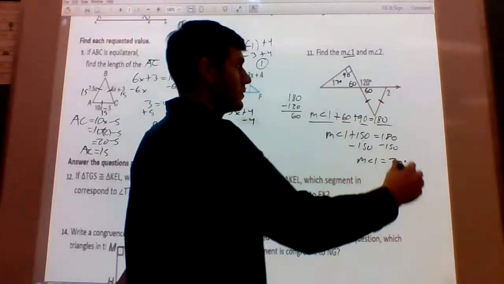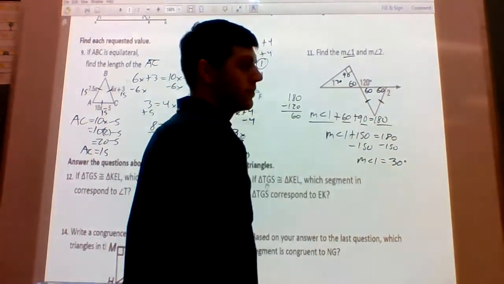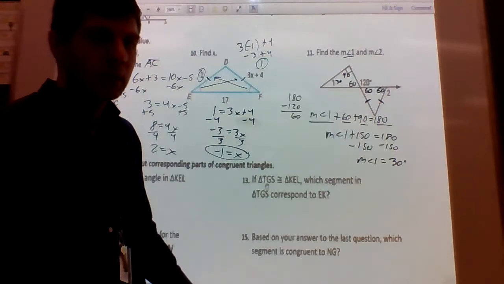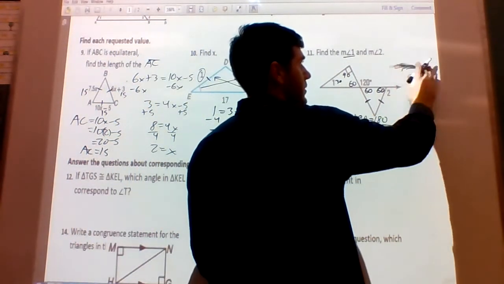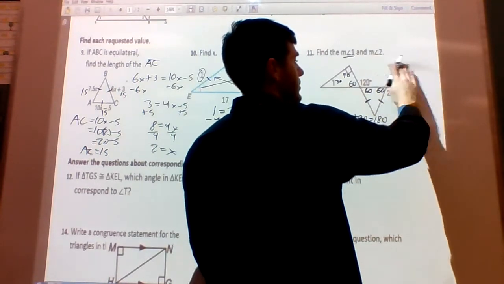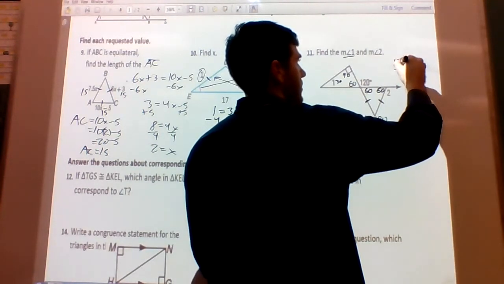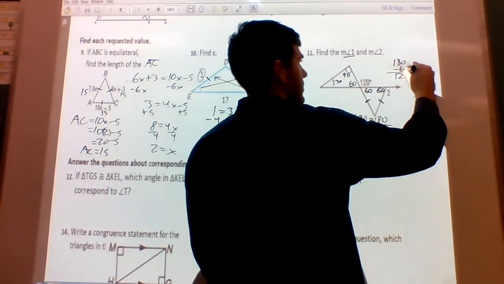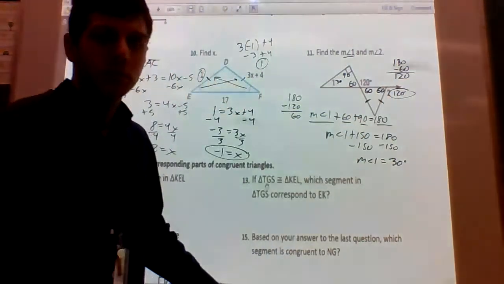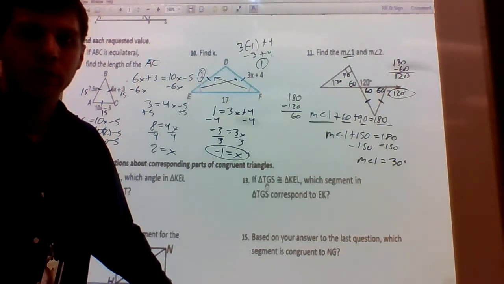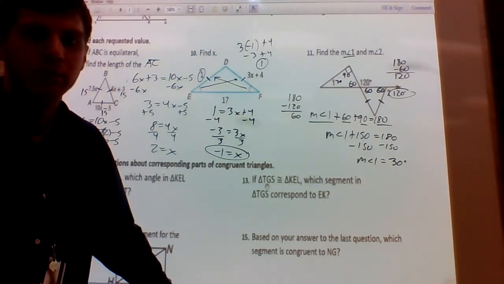So if this is 60, this is also going to be 60. And then here we have a linear pair, so 180. I am tired, that's why I'm writing so sloppy. 180 minus 60 is going to give us 120. These are a linear pair, which means they're supplementary, so their angle measures add up to 180.